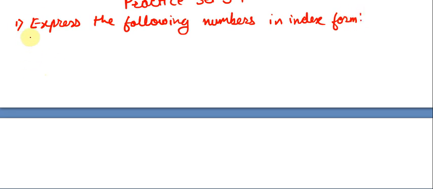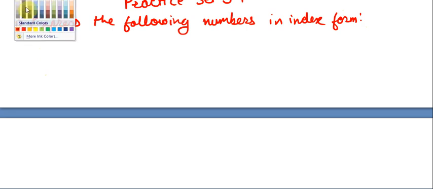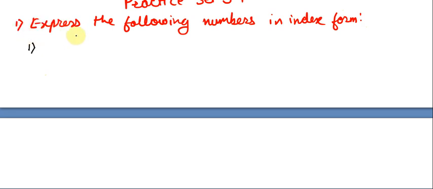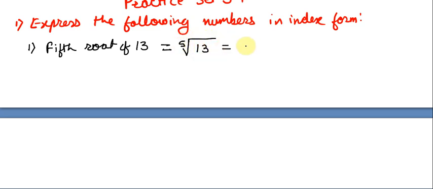First one is fifth root of 13. Here the word expressions are given and we have to write in number form. Fifth root of 13 is written as fifth root of 13, or it is also written as 13 raised to the power 1 by 5.